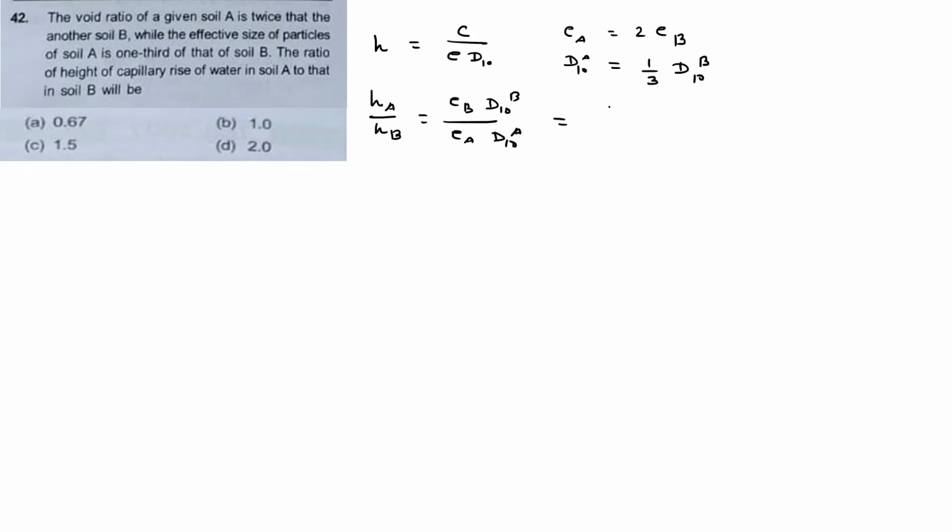So eB D10B divided by 2eB into D10A, which is 1 by 3 D10B. So this is 3 by 2, which is 1.5. So option number C will be the answer. So 42, option C will be the answer.